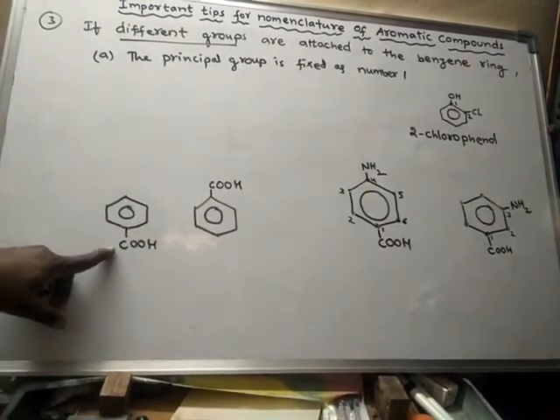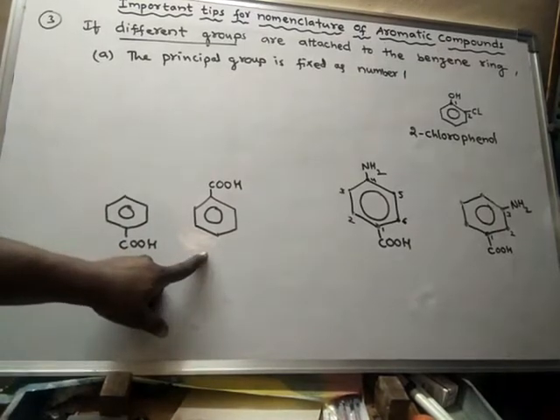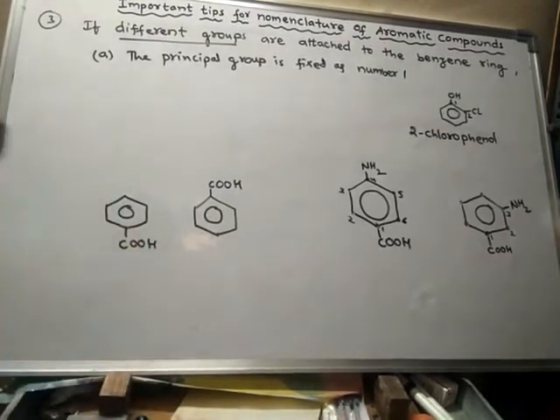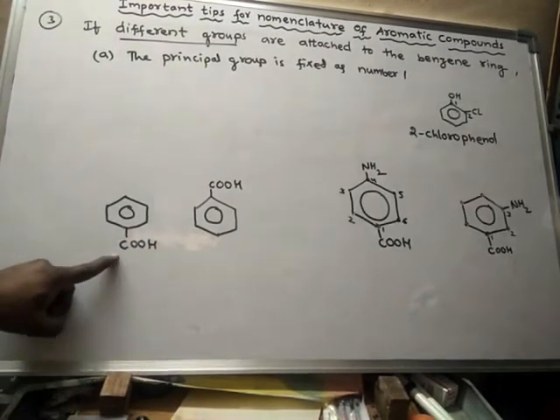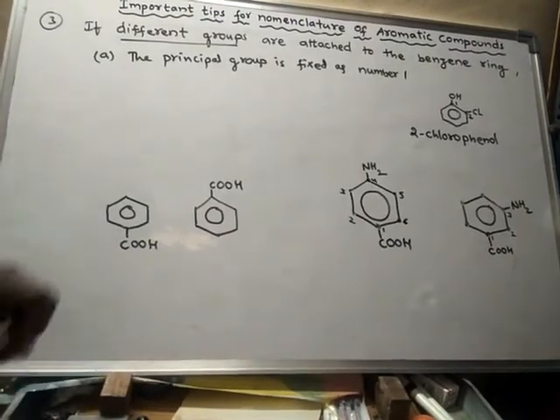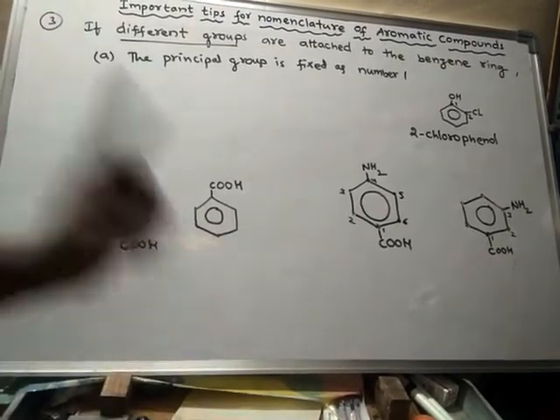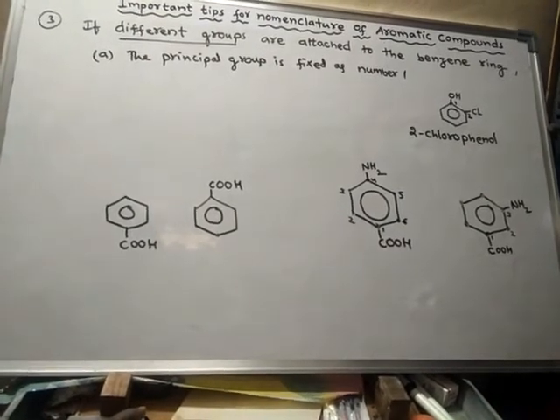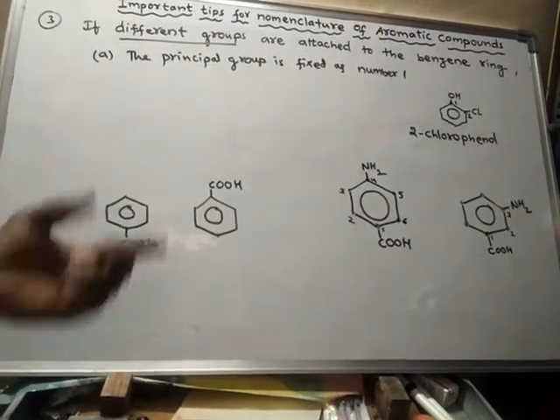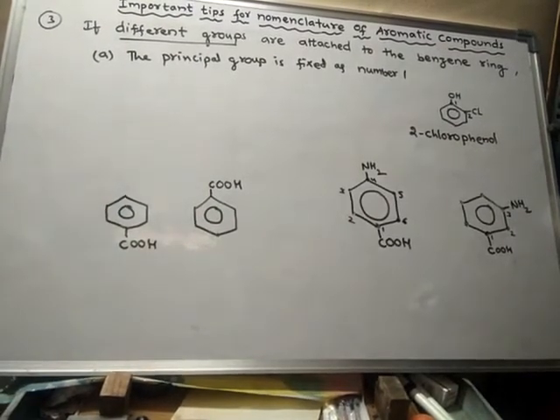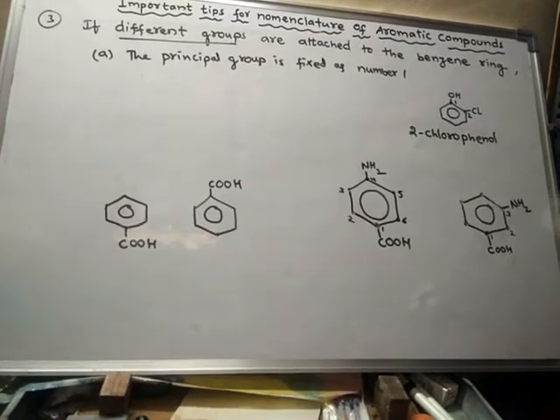So what is the name of this one and this one? Here only one hydrogen is replaced and substituted by some other group, and even here only one hydrogen is replaced. If a compound has only one hydrogen replaced, it may be replaced from any place, so this and this are both the same compound.